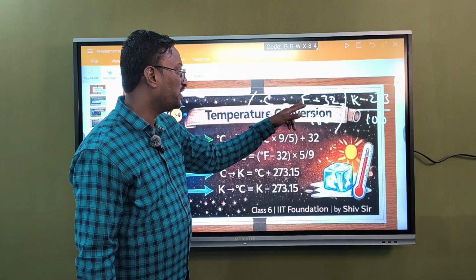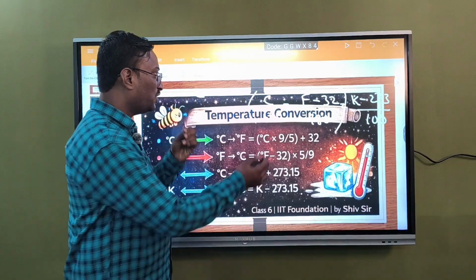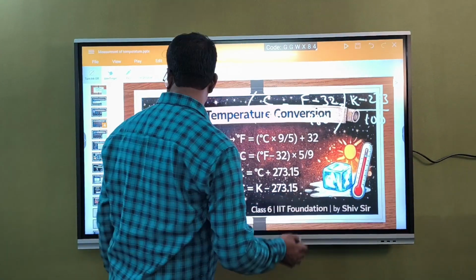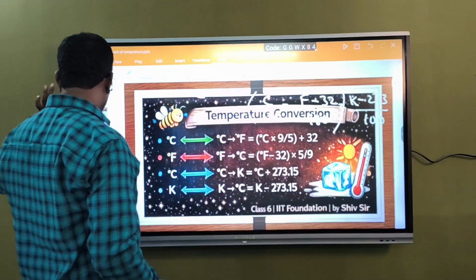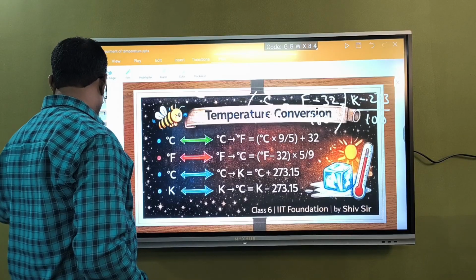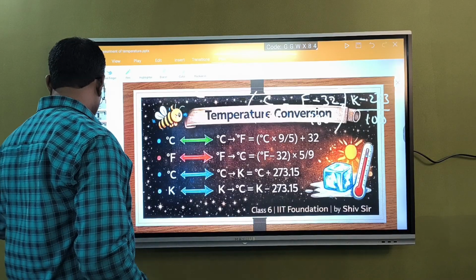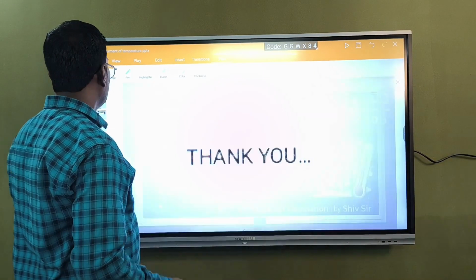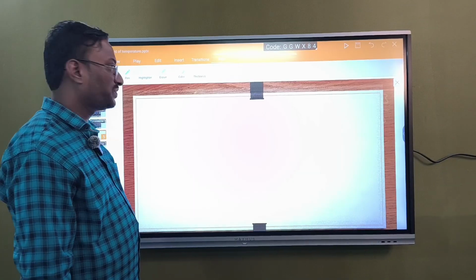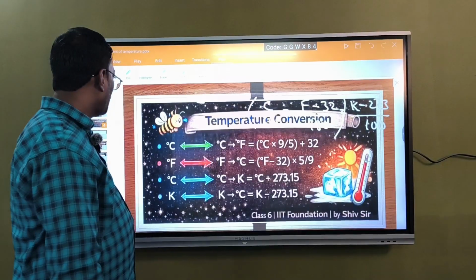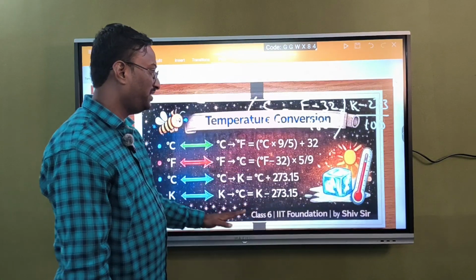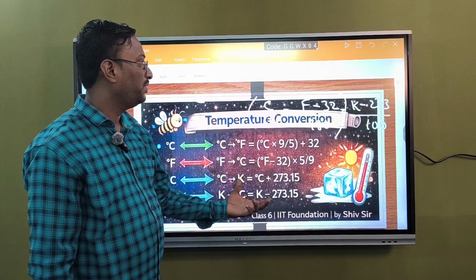So from this how do we get F? In order to get F, what do we have to do? Let me take one more slide. Now I will explain how you got this formula. So this is the short form.